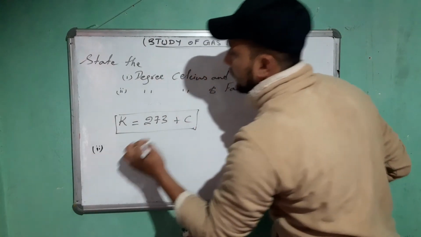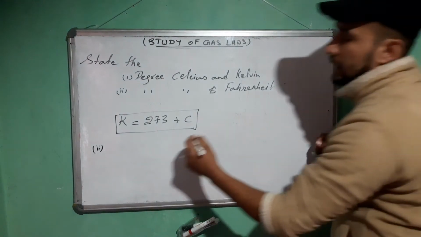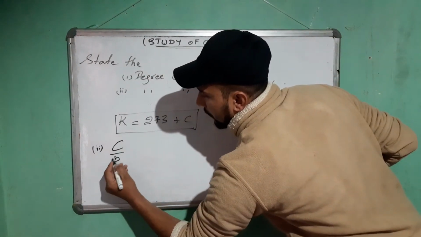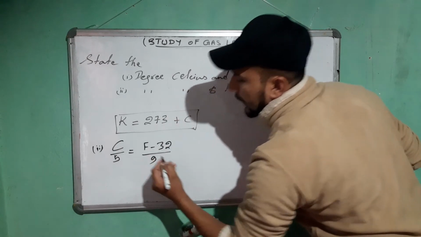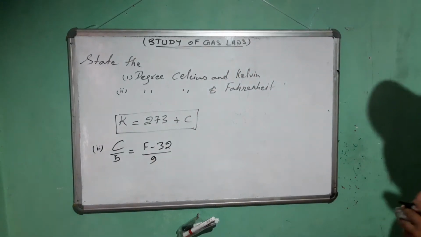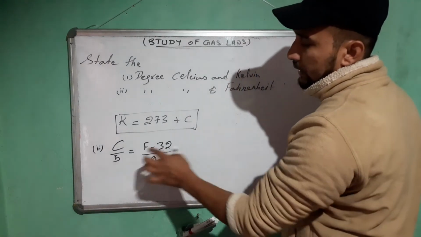relationship between degree Celsius and Fahrenheit is C by 5 is equals to F minus 32 by 9. This also you note down. Okay, C by 5 is equals to F minus 32 by 9.